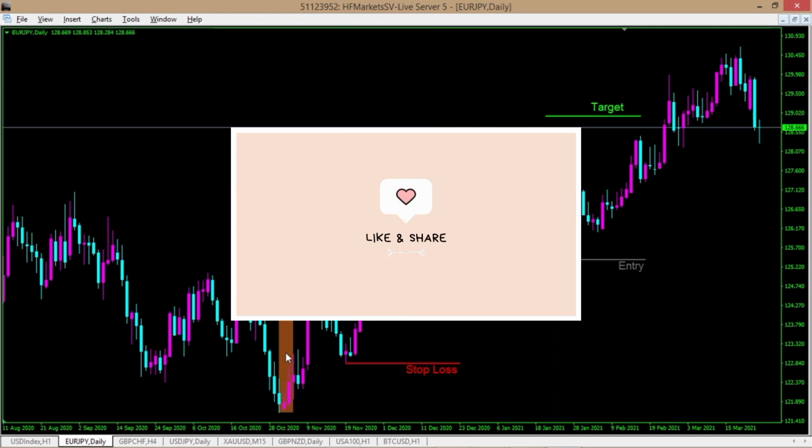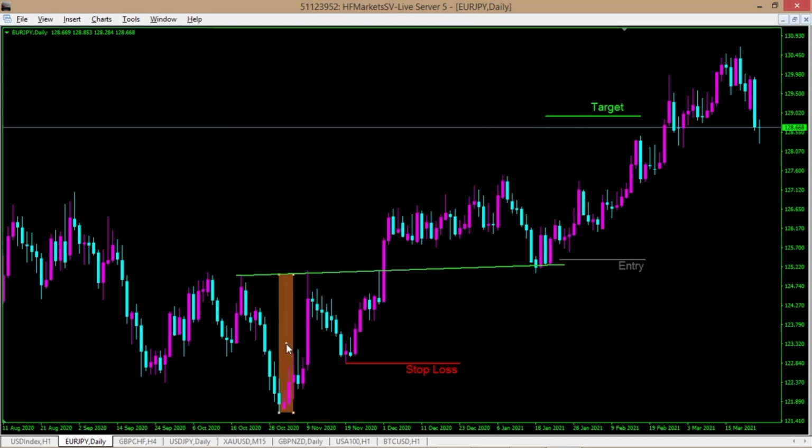We'll take that zone, that area, and then we'll pick that from our entry. Then we'll now place our target up there. Our target is not that far. So as you can see, price actually hit our target. Price tested it, gave us an entry, and then it went up higher for our target, and it has even gone a little bit further.